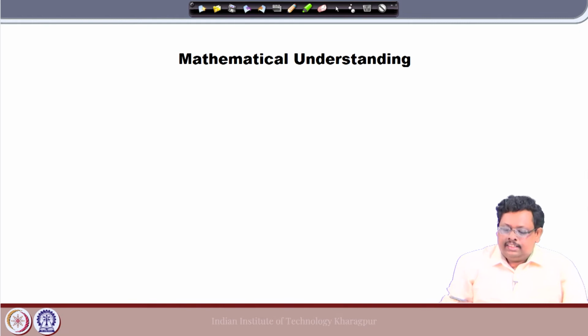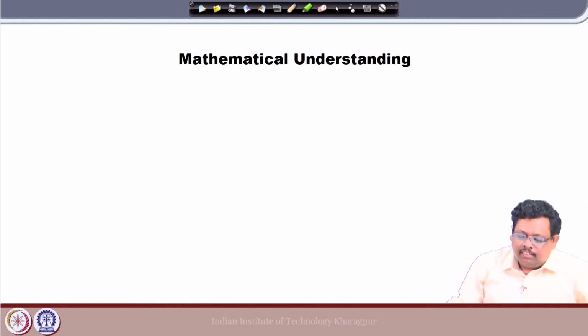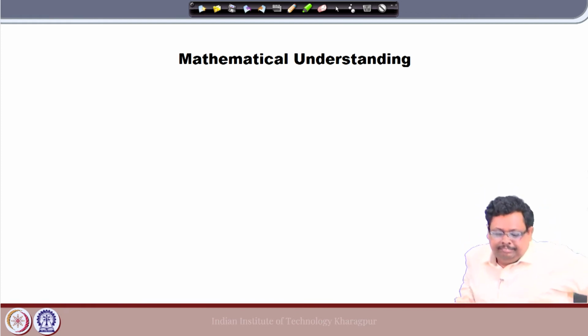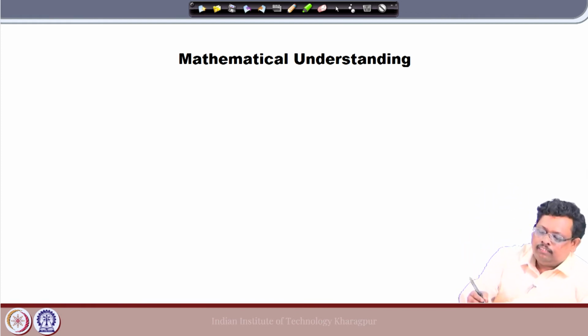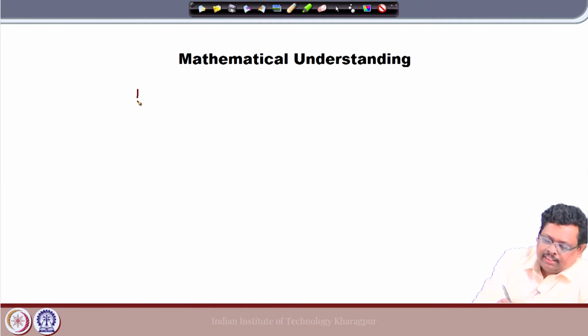Okay. So, let us see what the mathematical concept behind this is, or what the mathematical understanding behind this is. Now, let us see the waves, and I assume that everything is a harmonic function. So, let us write a harmonic function.